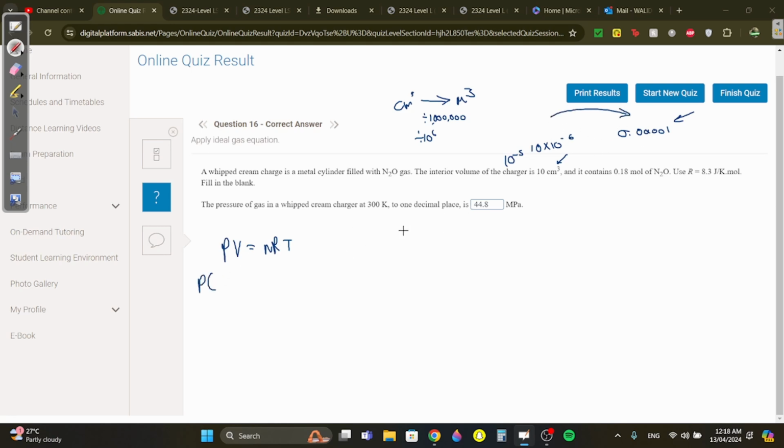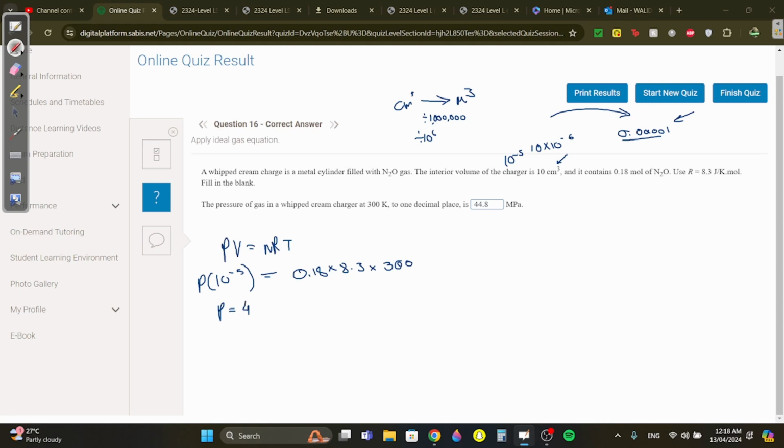The pressure times 10 to the power of negative 5 equals 0.18 times 8.3 times 300.